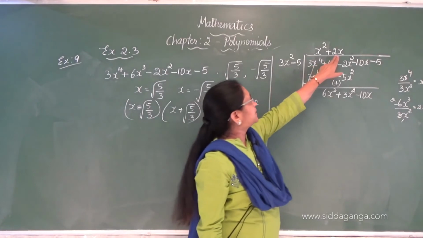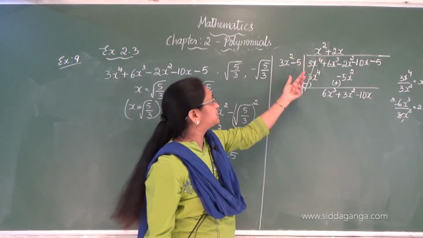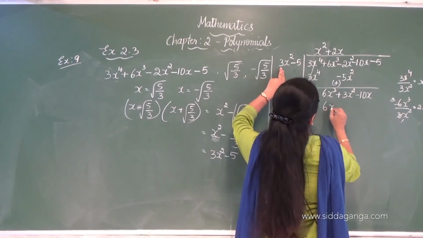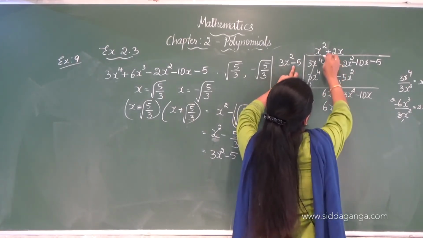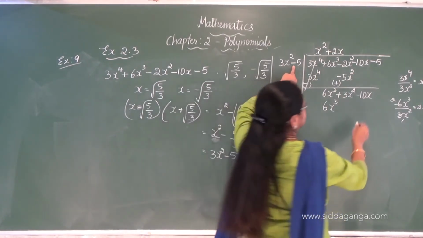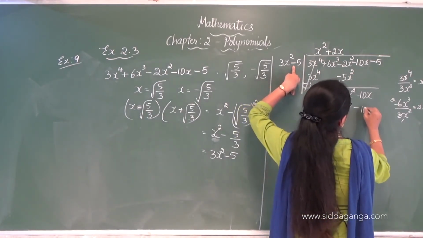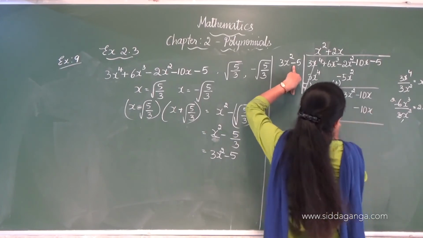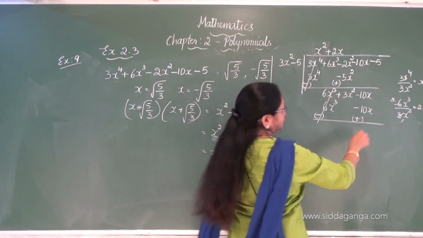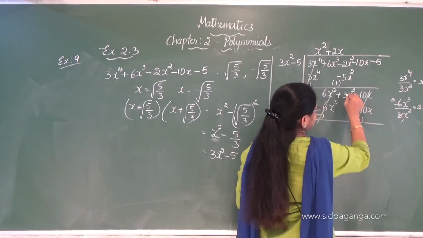Now multiply 2x by 3x² minus 5. So 3 twos are 6x³, and plus into minus, minus 5 twos are 10x, so minus 10x. Now change the sign. This gets cancelled, minus and plus gets cancelled.